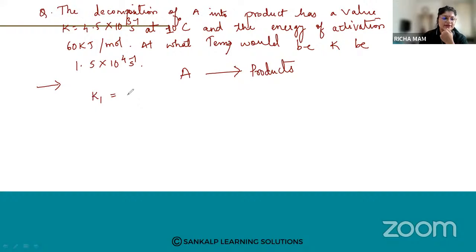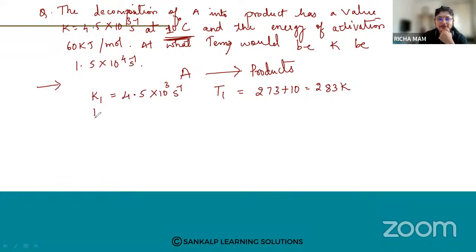K1 is 4.5 into 10 raised to 3 per second. Its temperature T1 is also given, at 10 degrees. What is the standard temperature? 273, right? 273 plus 10 will be 283 Kelvin.